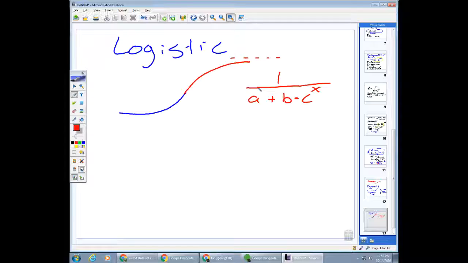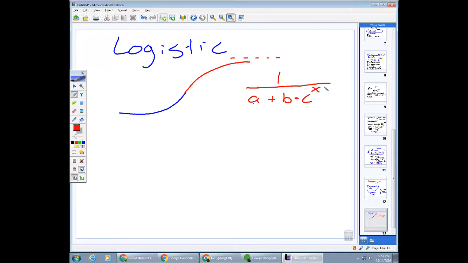So usually logistic has that stuff floating around here, here, here, or up with the X. So they're a bit beastier. And modeling logistic equations is a heck of a lot harder because you have a whole bit. Sometimes there's another number up here too. Sometimes there's another number by the X.